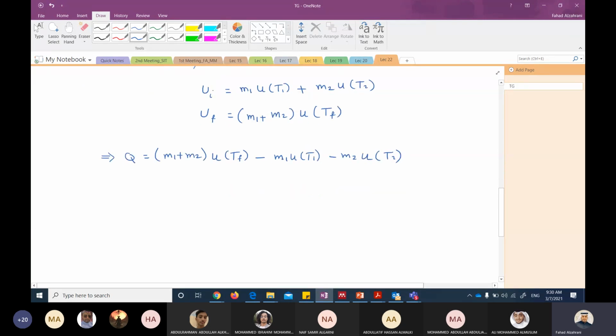If we open this bracket and arrange the terms to have the masses as common factor, I will end up with M1 times U at T final minus U at T1, plus M2 times U at T final minus U at T2.